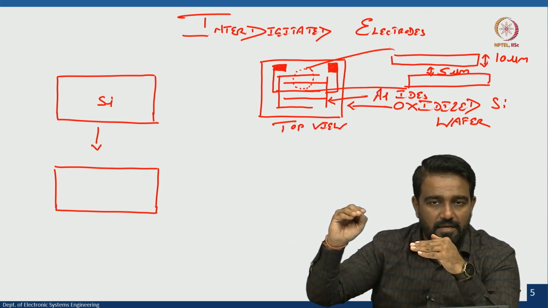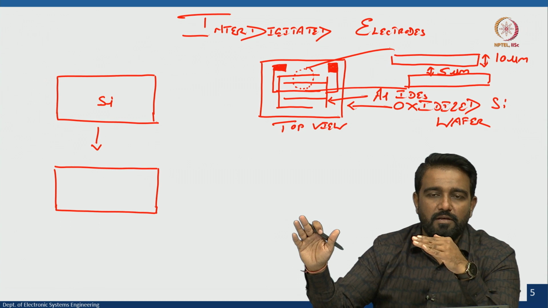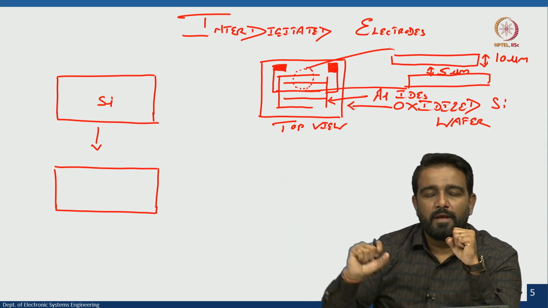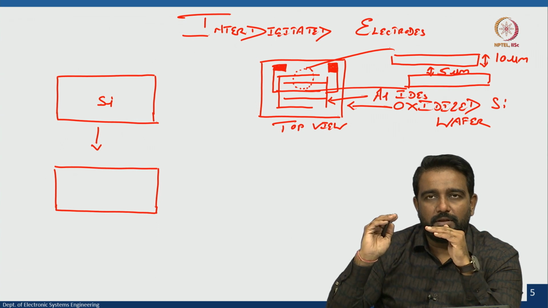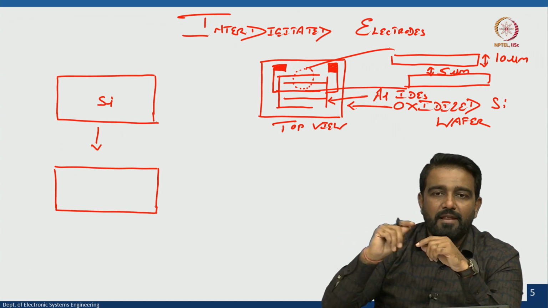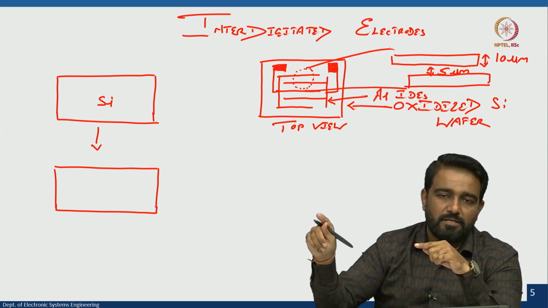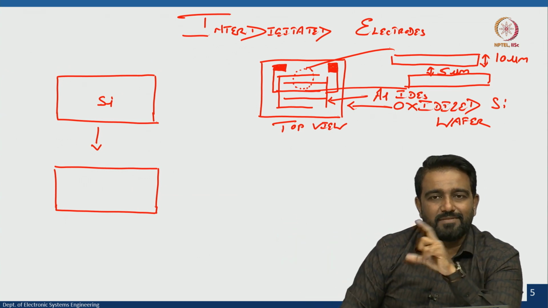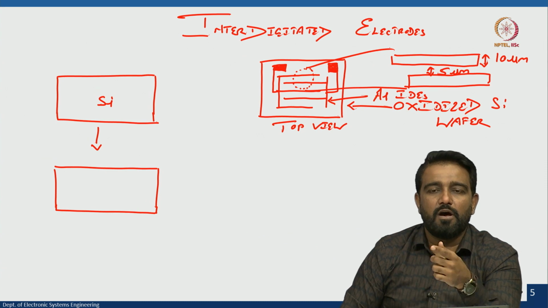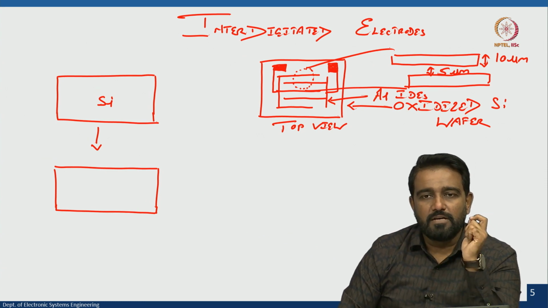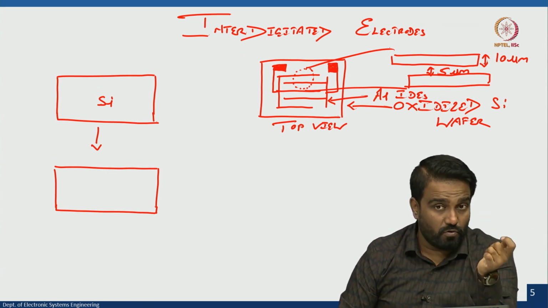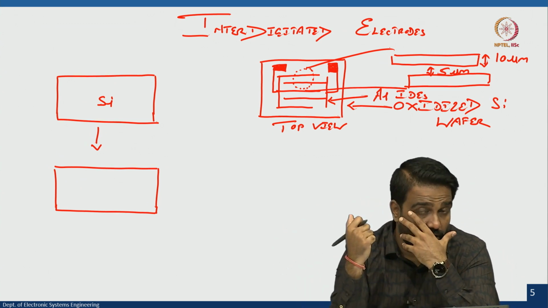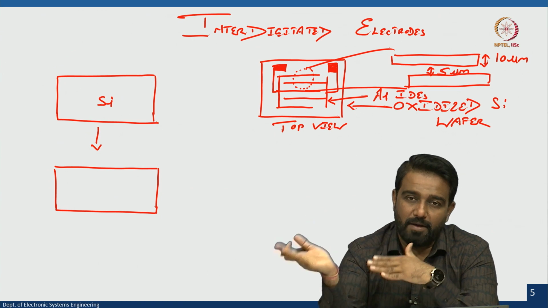When the temperature is raised, nitrogen flows in the tube, because it is a horizontal tube furnace, and when the temperature is reached, the nitrogen is stopped and oxygen flows through the tube. When oxygen reacts with silicon, it becomes silicon dioxide. This is a dry oxidation process. So, Si plus O2 gives SiO2. That is the advantage, the quality of the silicon dioxide is better.